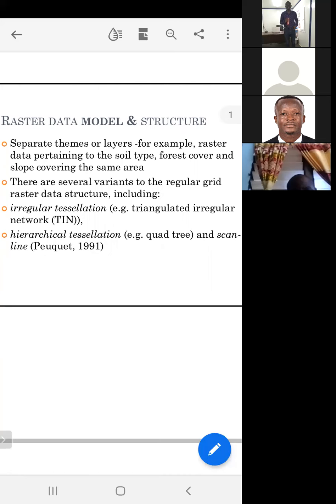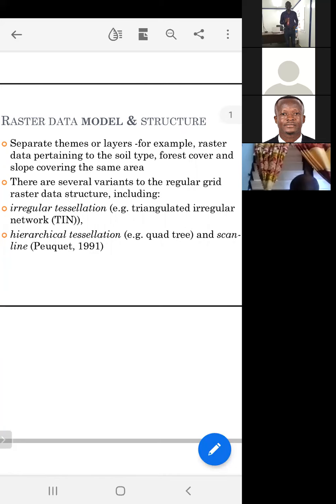All right. Example, the triangulated irregular network. In other words, what we are saying is that the area has been divided into an irregular network. In other words, you end up having triangles. And when you do that, in fact, most of the cartoons that you've been watching, cartoons are really virtual, aren't they? They don't really exist. Are you okay?